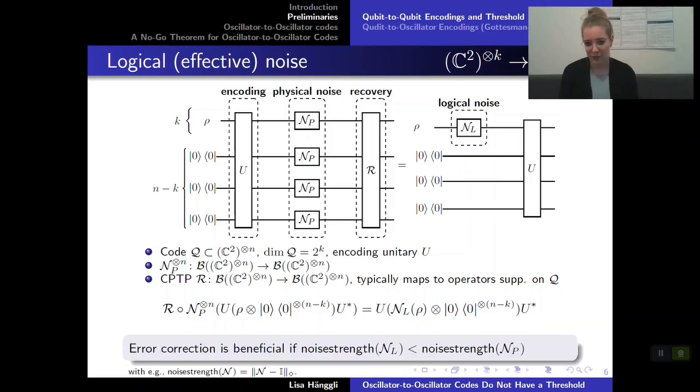Now, this whole procedure, of course, is only beneficial if the logical noise strength is smaller than the physical noise strength, because otherwise we could just leave rho unencoded. And here, the noise strength can be measured, for example, by the diamond norm of the distance between the error channel and the identity.